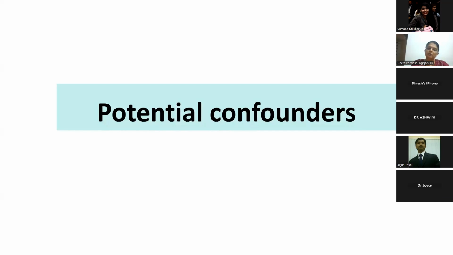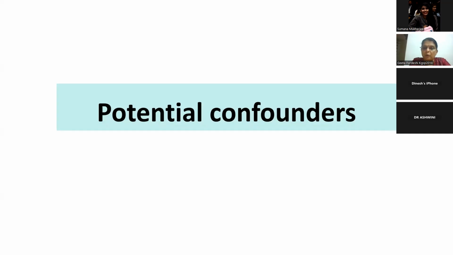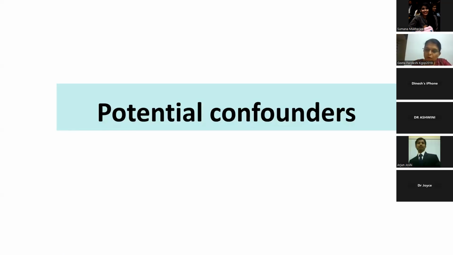Yes. So what Dr. Dinesh has mentioned is the classical definition of confounder or confounding. We will look at first the concept, and then I would also want you to think about what could be the confounders in the association which we are studying.